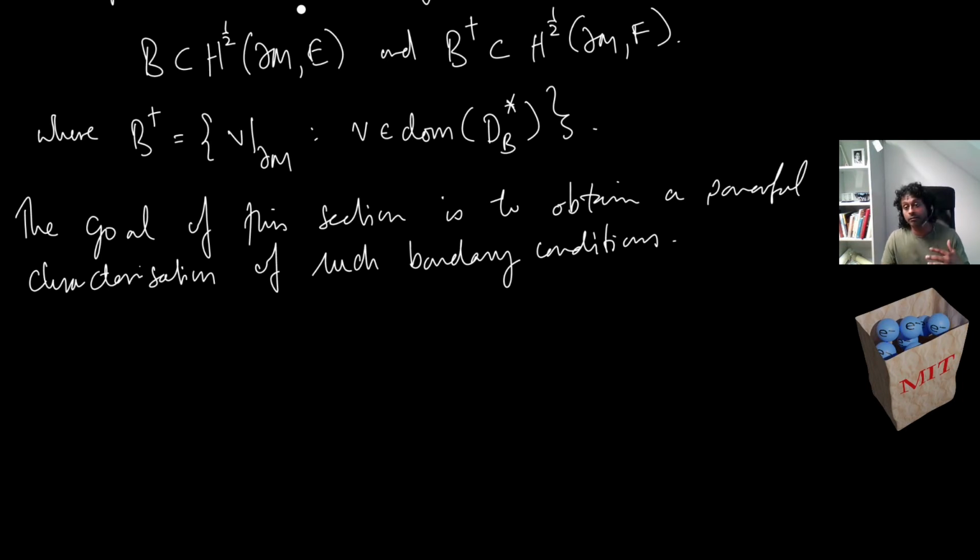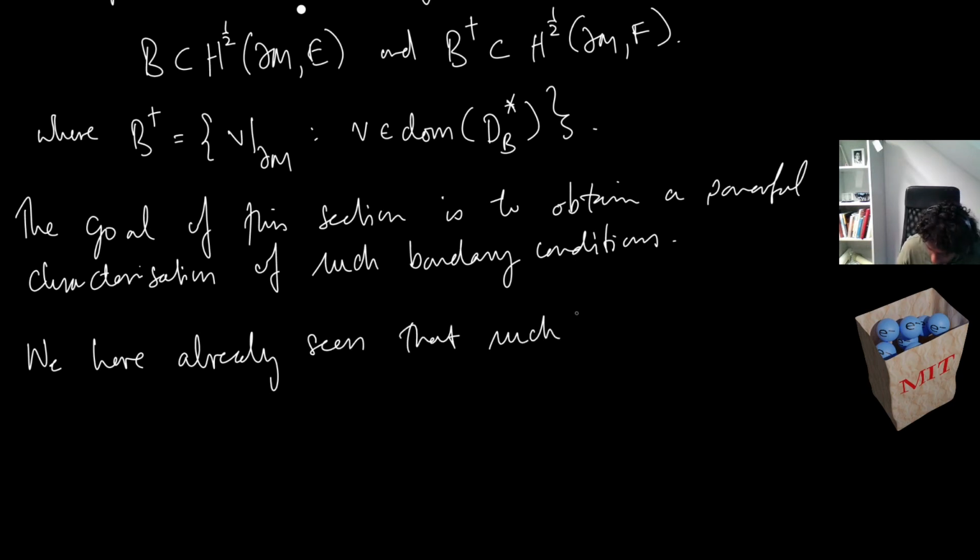We've seen that there are lots of such elliptic boundary conditions, right? So explicitly, we have already seen that such boundary conditions are plentiful.